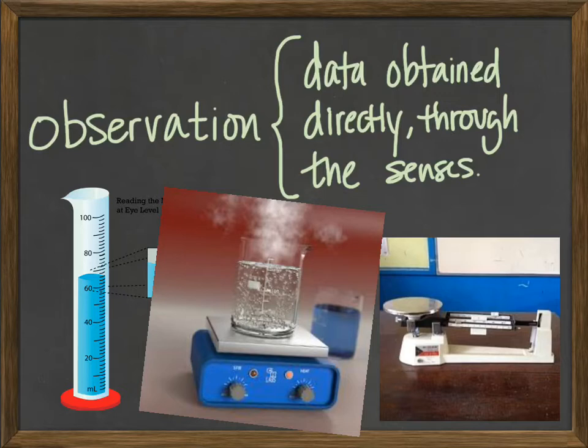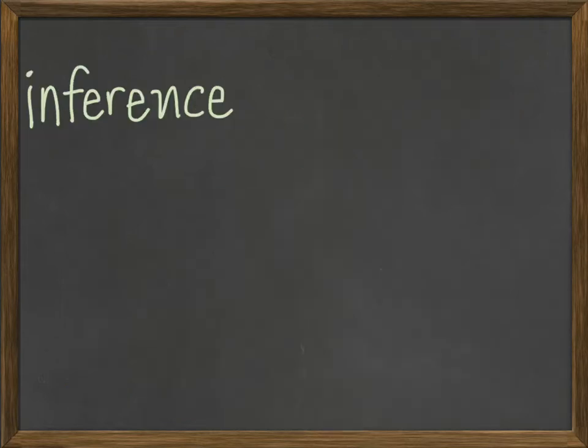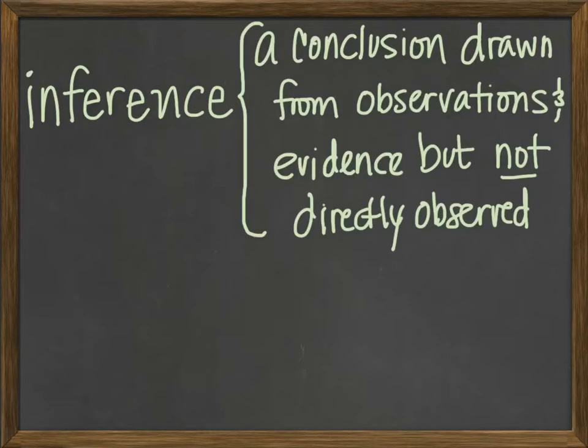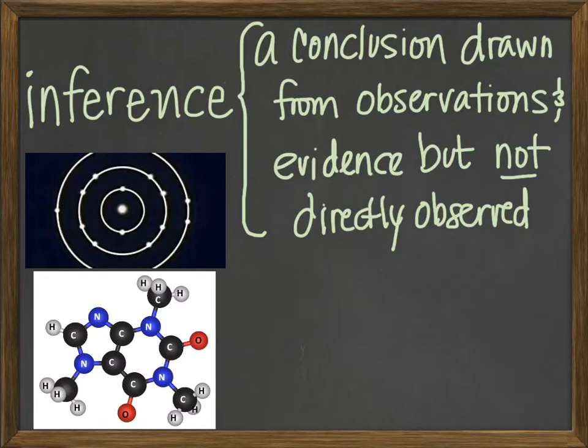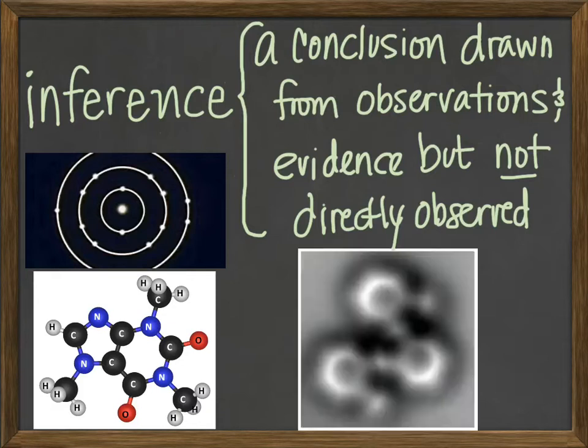Now, what's different about an inference? An inference is a conclusion, and it's drawn from observations and evidence, but the thing that you're inferring isn't directly observed. This is really important in chemistry. I mean, you take it for granted that when we show you a picture like this and say, this is an atom, or a picture like this and say, this is a molecule, that we know what we're talking about, but in fact, that's the best picture we have of a molecule.